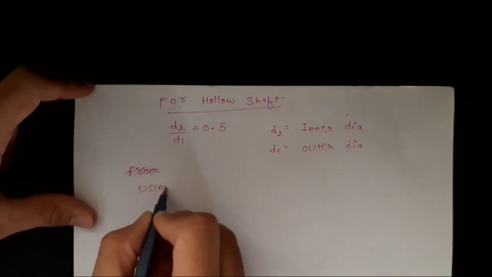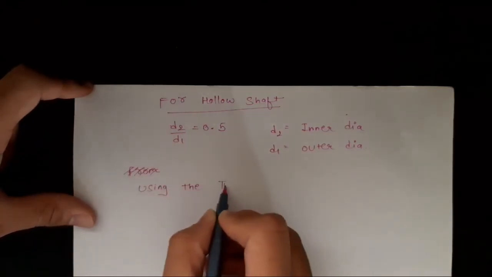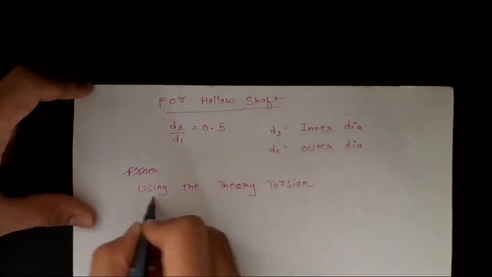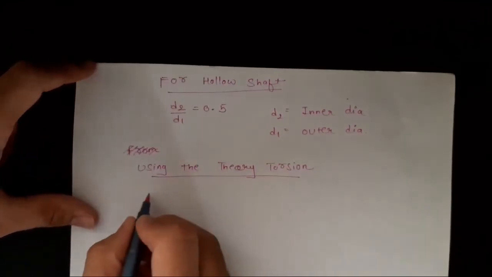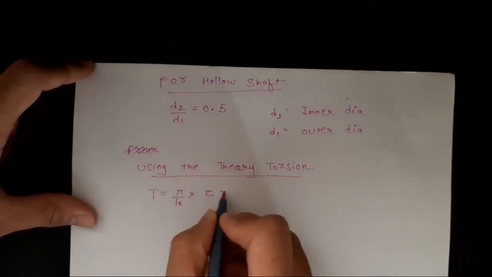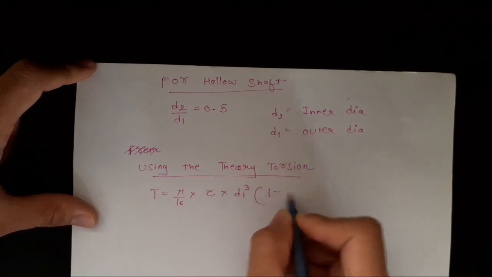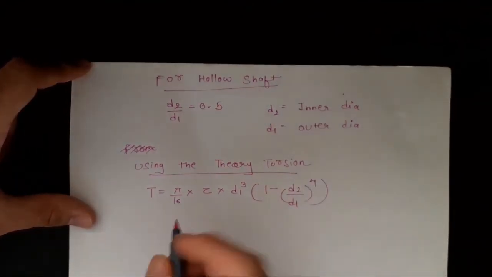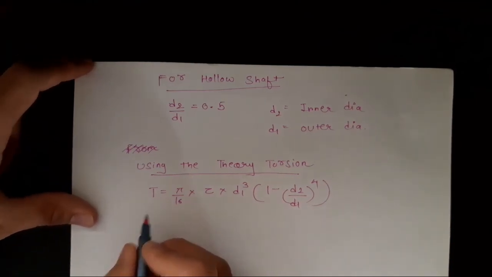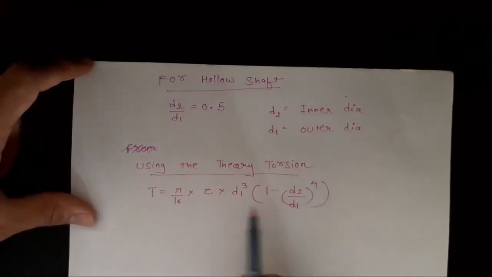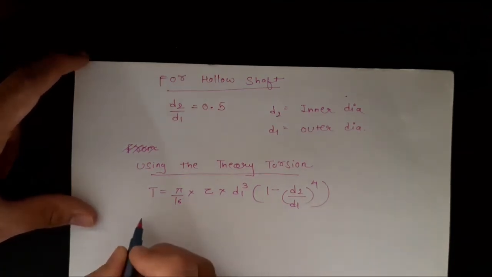Using the theory of torsion, when the shaft is subjected to torsion, the diameter of the hollow shaft can be found by T equals pi by 16 into tau into d1 cube into 1 minus d2 by d1 the whole raised to 4. As we know the value of T, tau and d2 by d1, we can get d1.